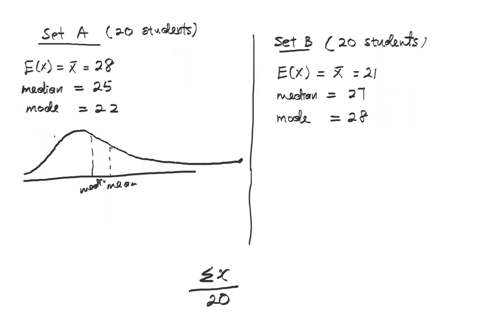Are you clear? So this is called positively skewed. When you have the mean greater than the median, we call it positively skewed. If the mean is almost the same as the median, we call it symmetrical. The distribution is symmetrical.